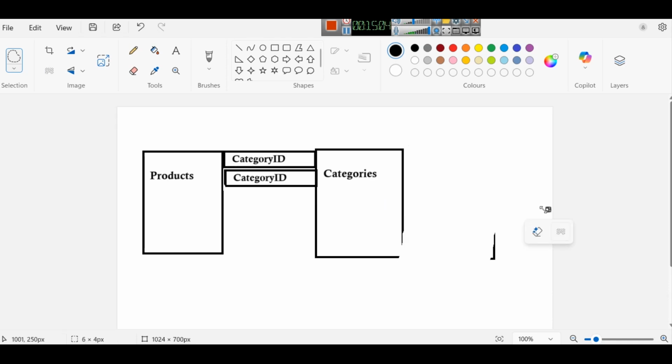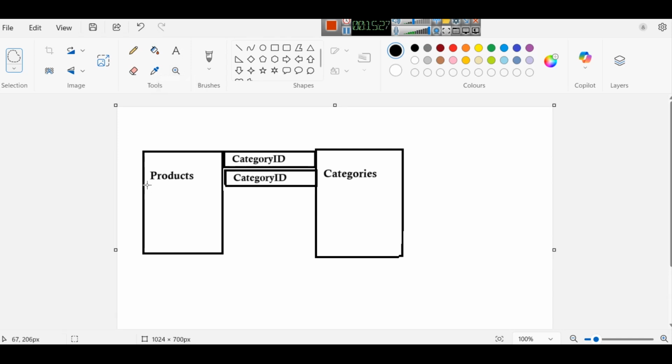So I'm joining them on what? Category ID. Do you get this? Yeah, category ID is common between two tables. Whatever is common, we will join two tables on that column, right?